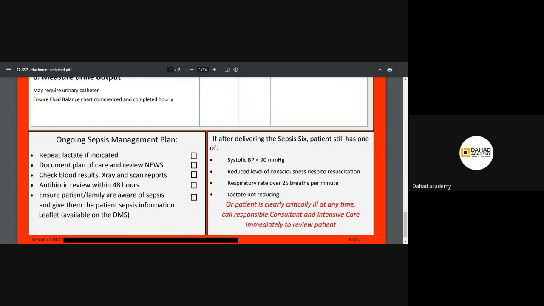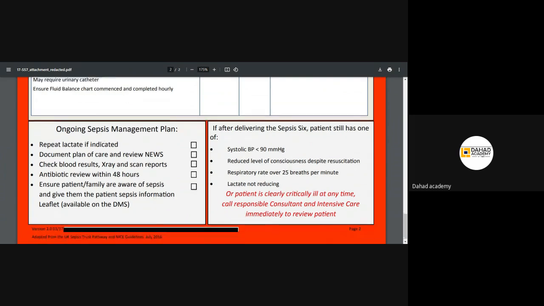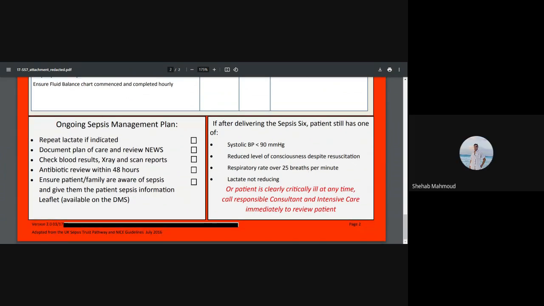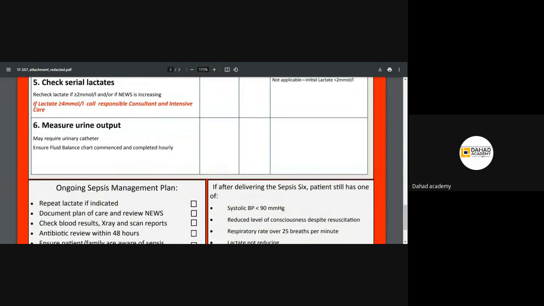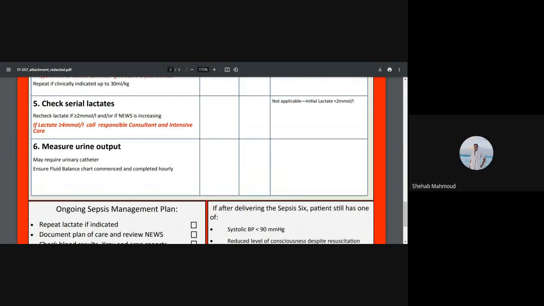And if the lactate is not coming down, with all these problems, you will need to contact the ITU, the intensive care unit, to come and see your patient. So this is the sepsis protocol. You will need to know the sepsis protocol as you know your name. Is that clear?